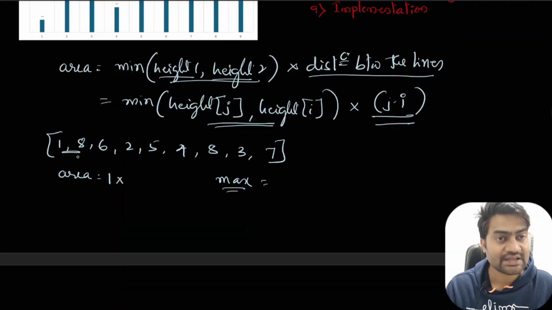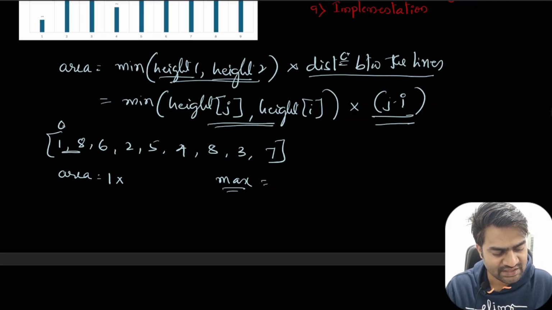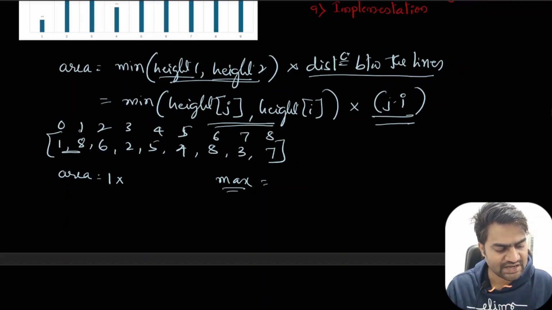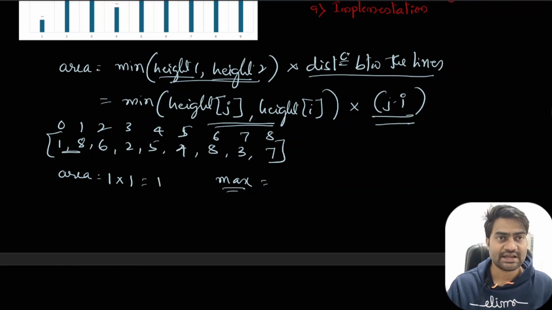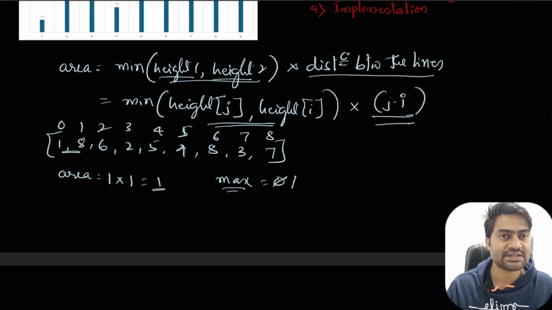Into what is the distance between these two values? Basically this is 0 index, 1, 2, 3, 4, 5, 6, 7 and 8. So if you find the distance between those two, 1 minus 0, so it is 1. So my area will be 1. Okay, initially max will be 0. Now I get 1, so I will update this with 1.